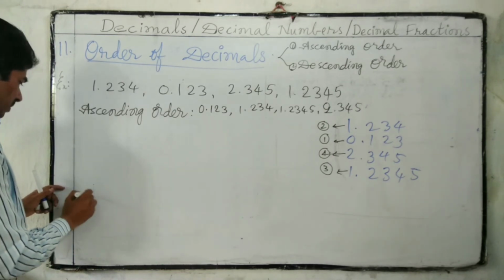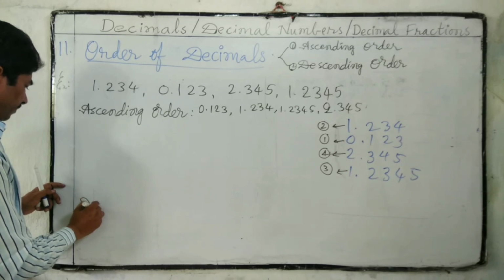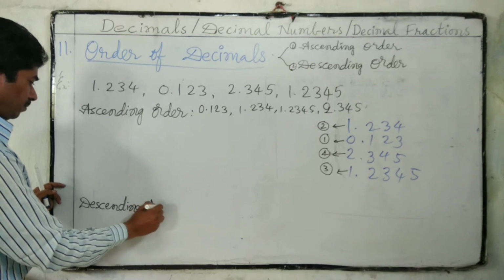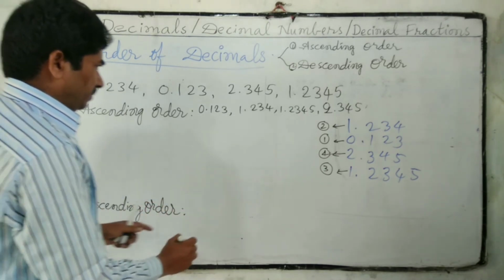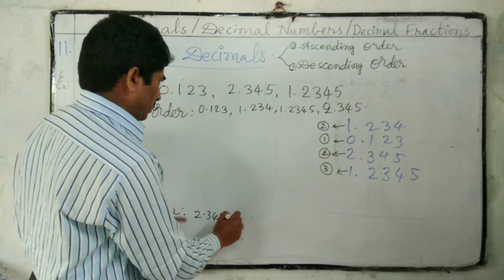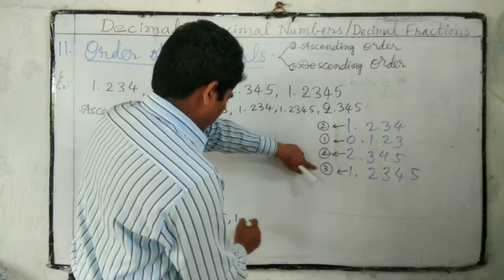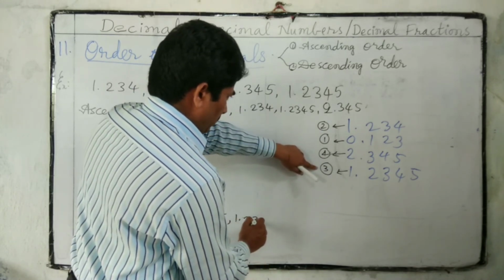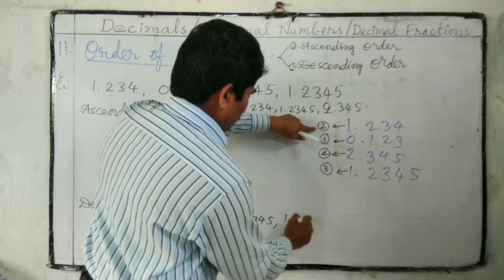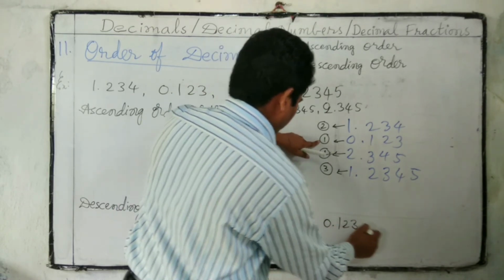Next we can arrange this in descending order easily. Big to small: 2.345, 1.2345, 1.234, 0.123.